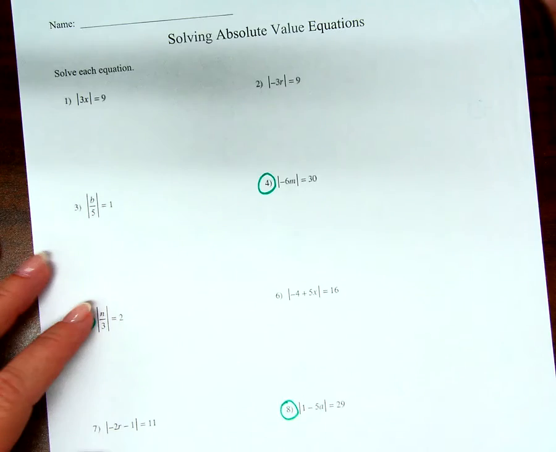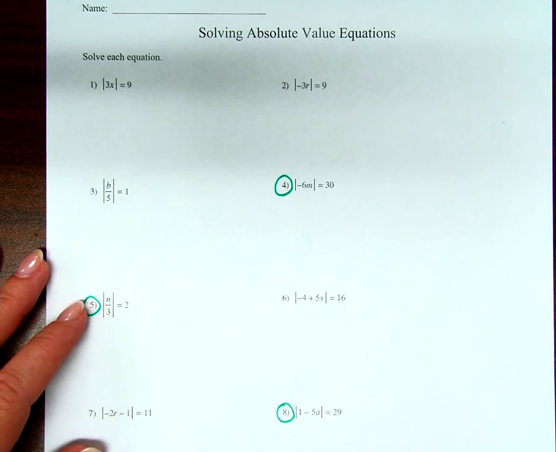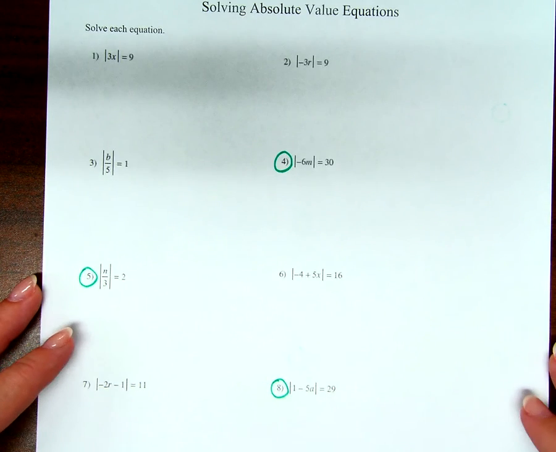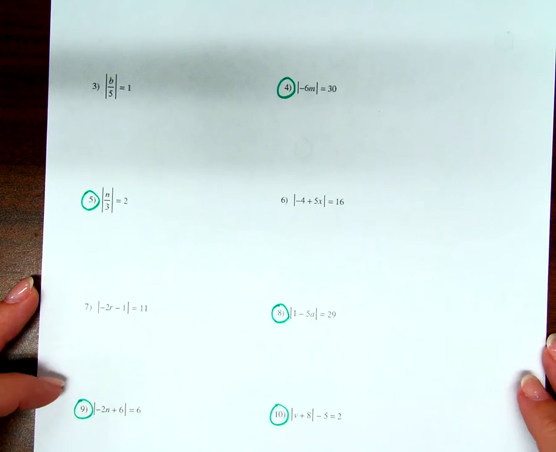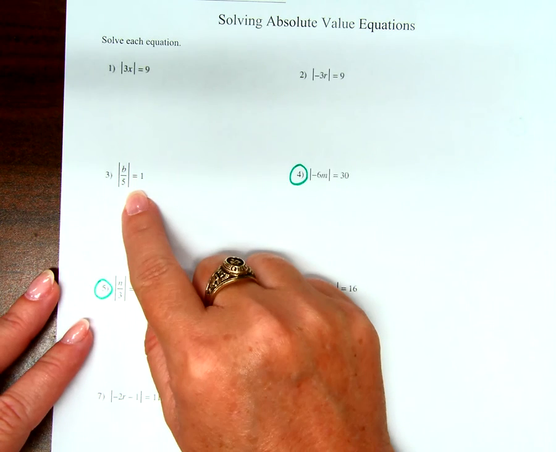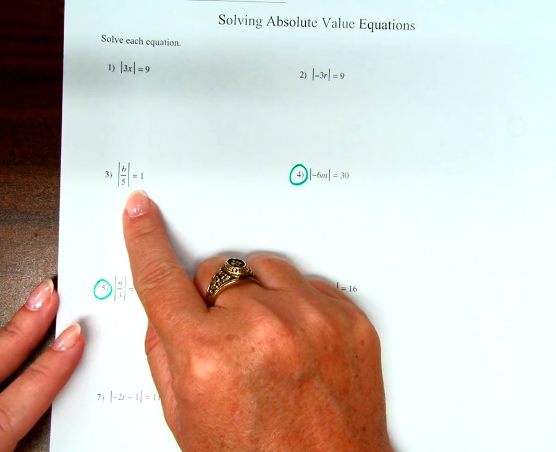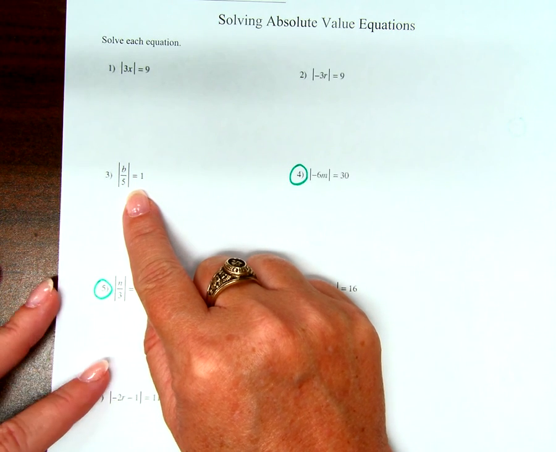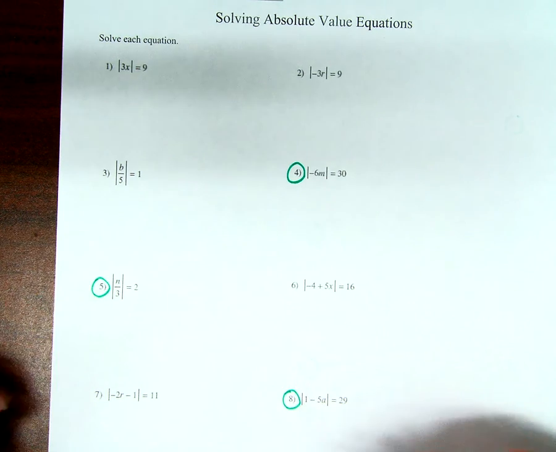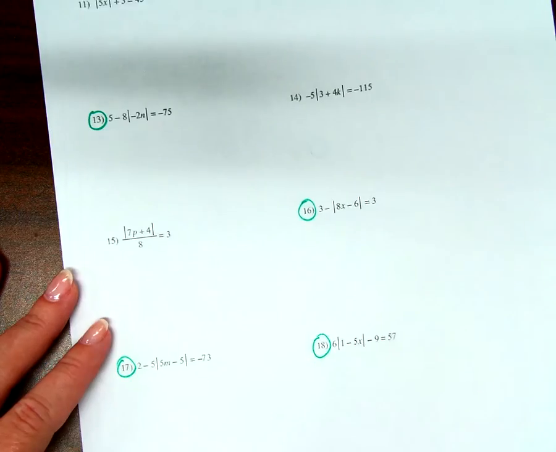There are 10 circled questions. Which ones are you required to do for homework? The 10 circled questions. What about if you accidentally did number 3? Extra credit. Okay? The 10 that are circled are the ones that are required for you to do. Any extra that you do is definitely extra credit.